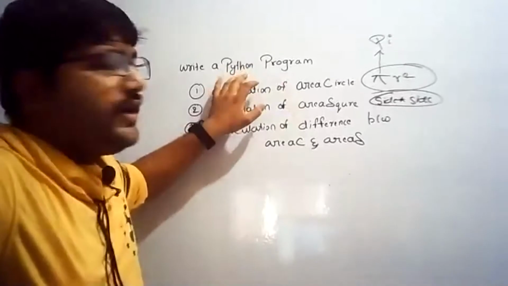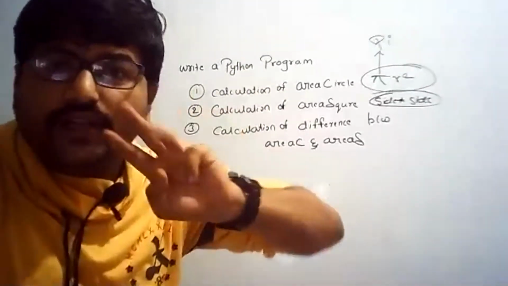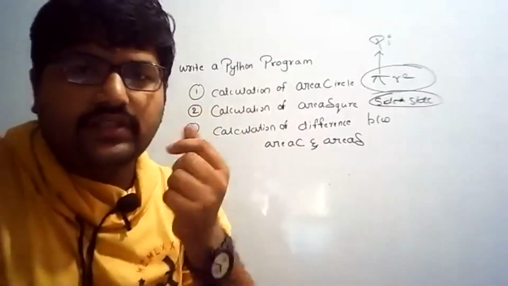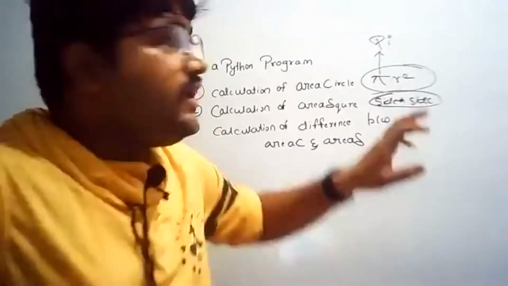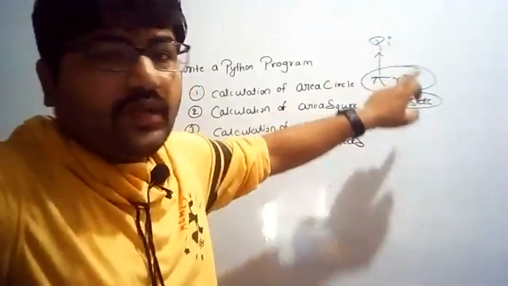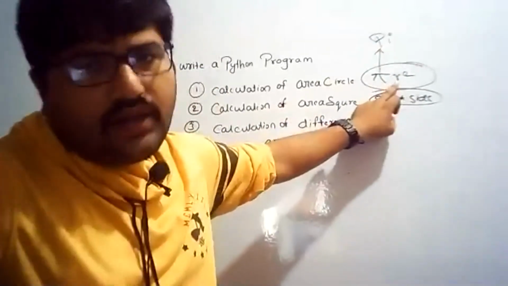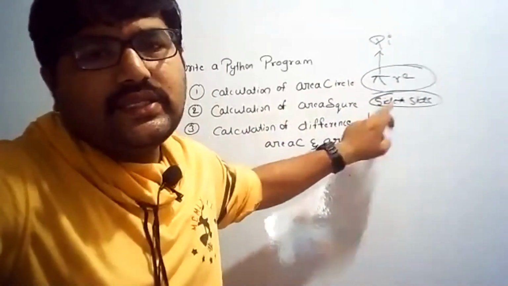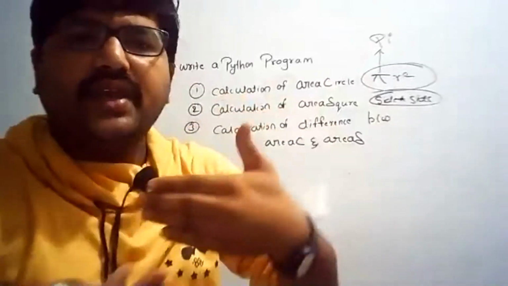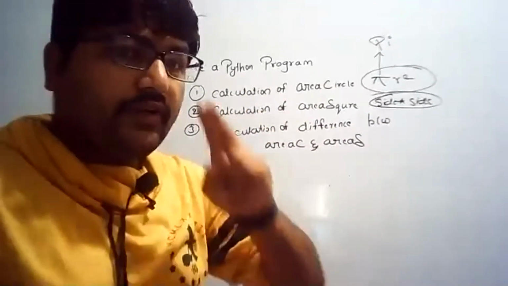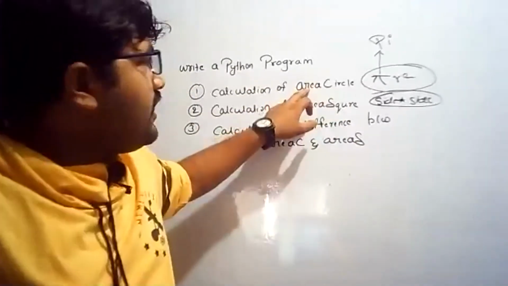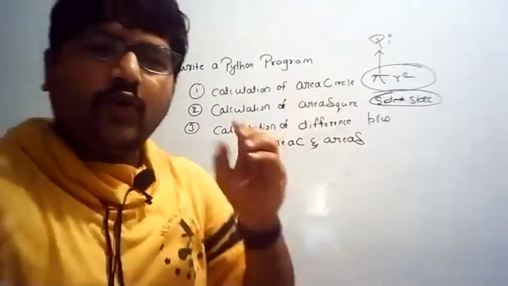If you want to write a Python program, you need three variables here: one is pi, one is r, another one is side. These are the main base variables of the Python program. Of course, another two variables are there, area of circle and area of square, to hold the values.